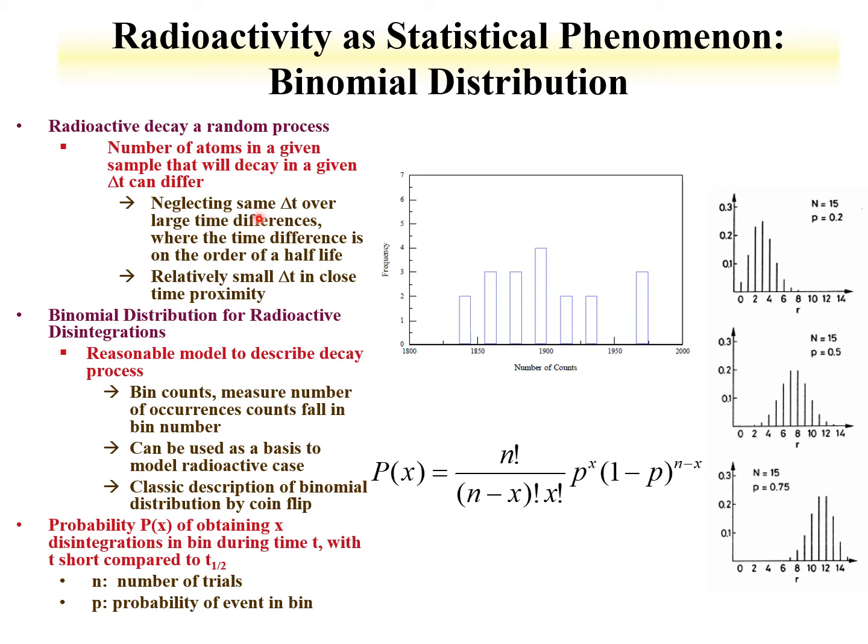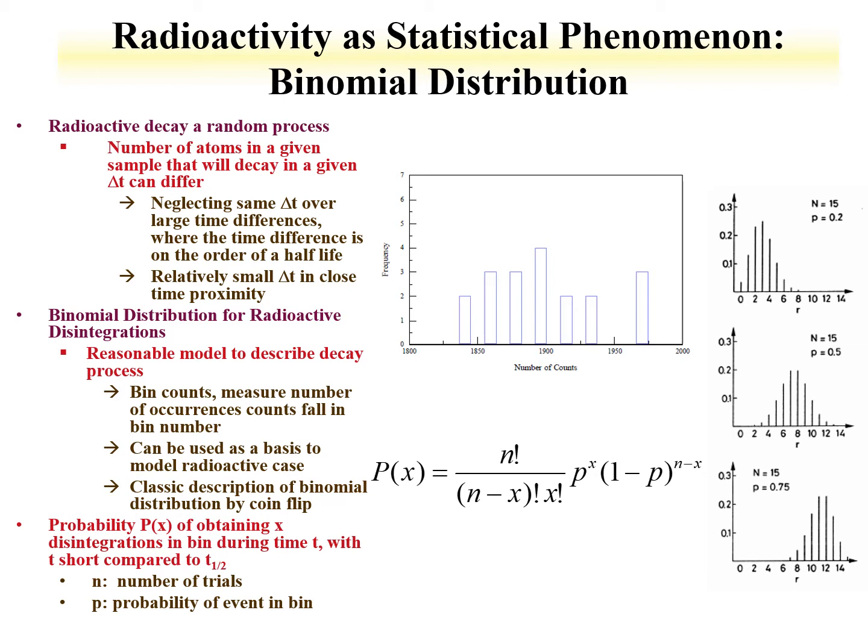This matters when we look at the same delta t over time differences that are not on the order of the half-life, because if it's really long, the numbers are going to tend to even out. This is really true for a smaller delta t that's very different from the half-life. So this randomness gets washed out.